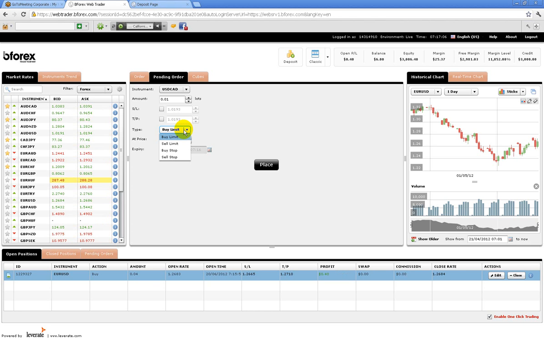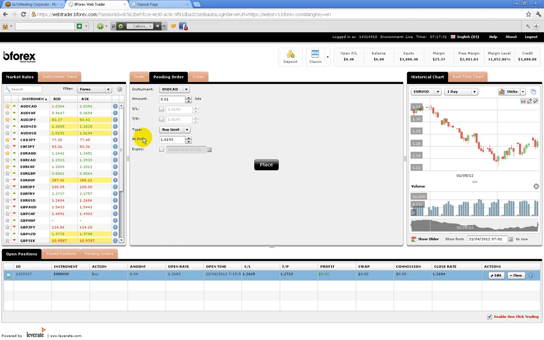When you put in a sell limit, we sell at a higher rate than the market is giving me to sell. When we buy stop, we're opening a position on buy which is higher than the amount the market is giving me to buy. And when we sell stop, we sell at a lower price than the market is giving me to sell.